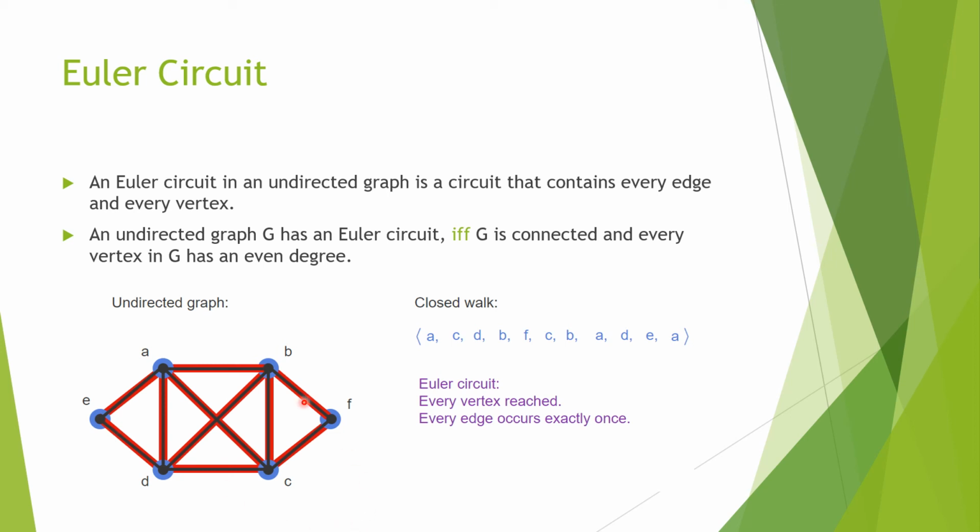So this is a graph with 6 vertices A, B, C, D, E, and F. The following closed walk is called the Euler circuit.